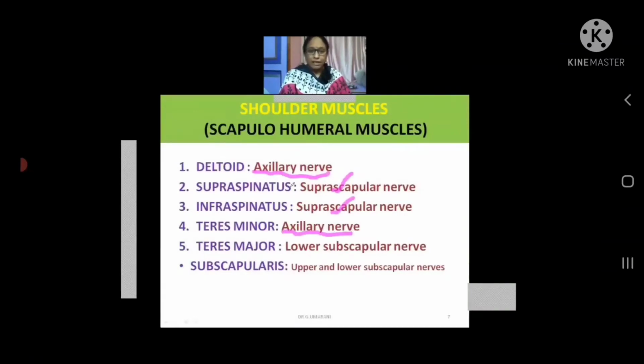So deltoid muscle and teres minor are both supplied by the axillary nerve. Teres major is supplied by the lower subscapular nerve. And subscapularis muscle is supplied by the upper and lower subscapular nerves. So these are the scapulohumeral muscles, known as shoulder muscles, and their nerve supply.